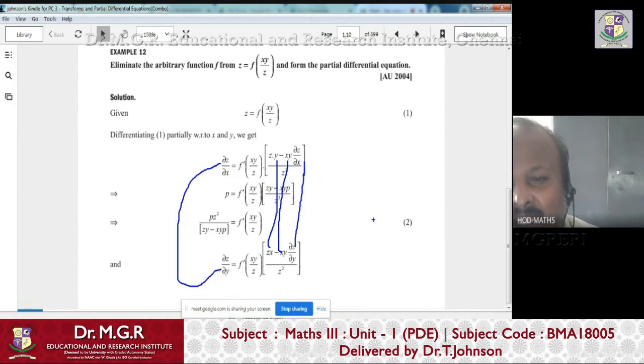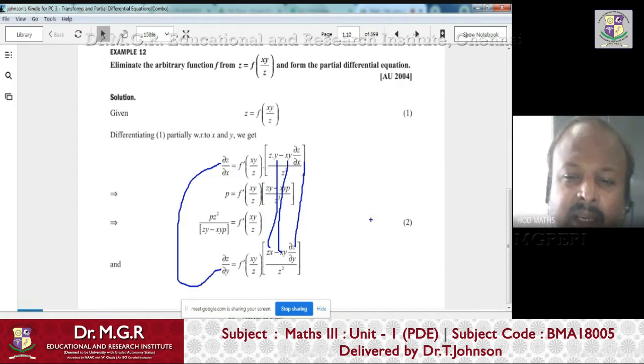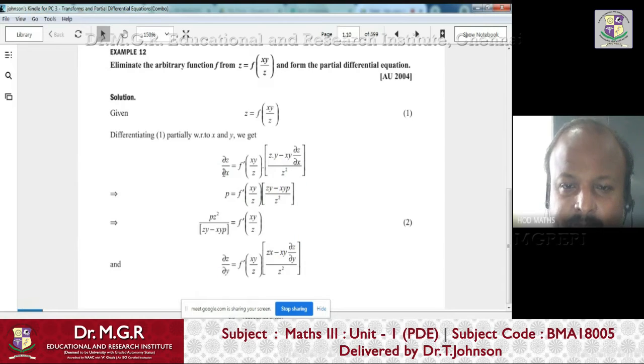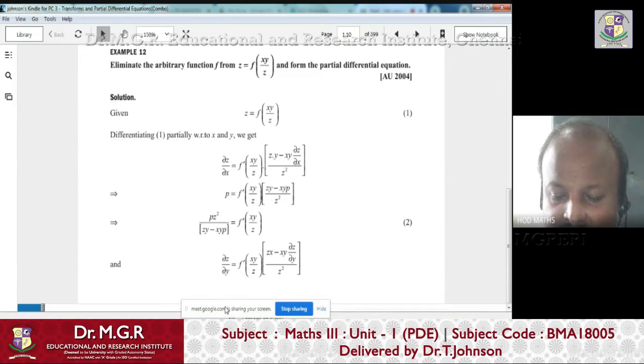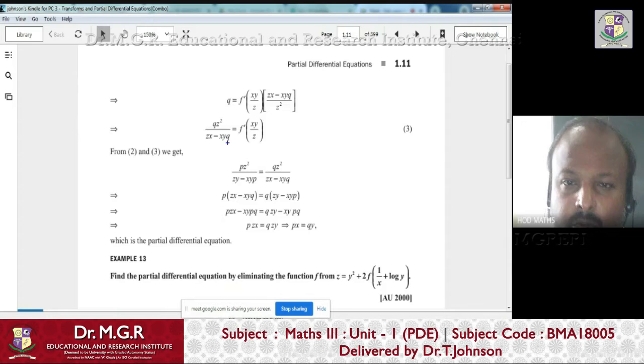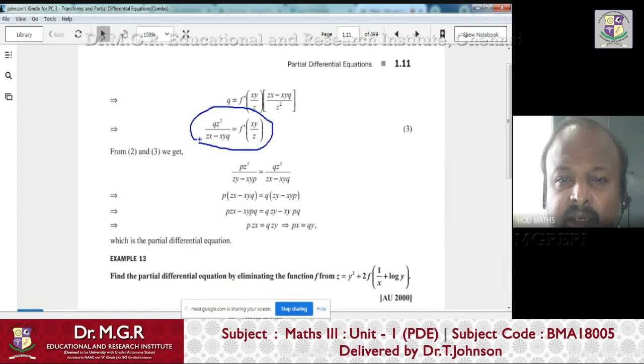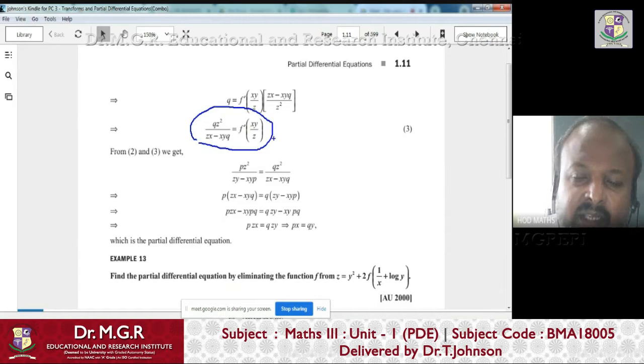Wherever p is there, that becomes q. Wherever x is there, that becomes y. So by simplifying this equation, they get q z square by zx minus xyq equal to f dash of xy by z.